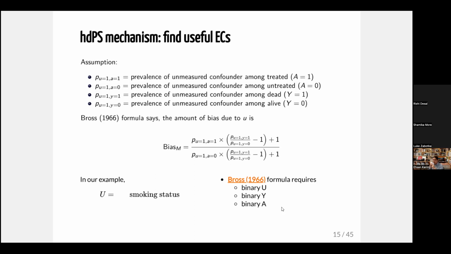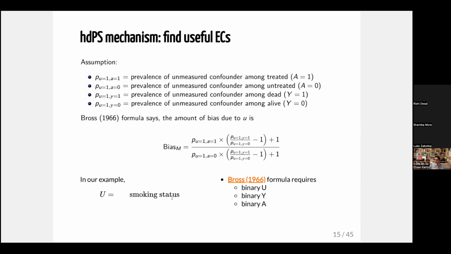If you have all of that, you need to simply assume 4 quantities. These assumptions are for the prevalence of the unmeasured confounder among the treated, among the untreated, among the dead, among the alive. If you can assume these 4 quantities, you can just plug them into this formula, and what this formula does is it gives you the amount of bias due to this unmeasured confounder.